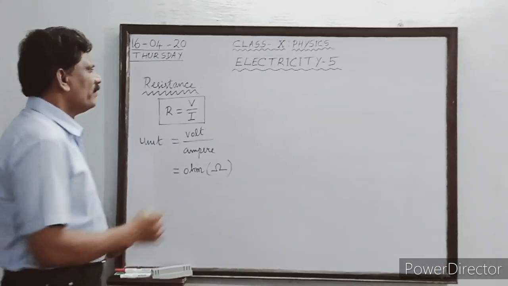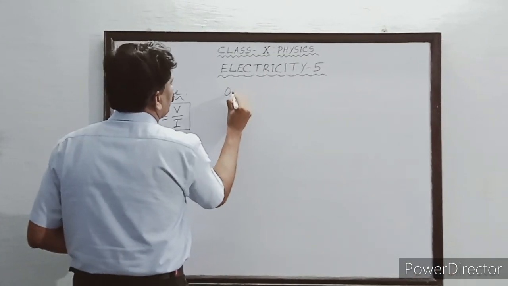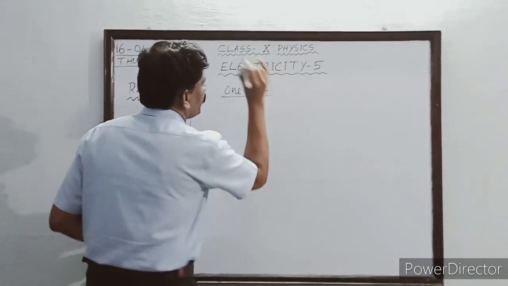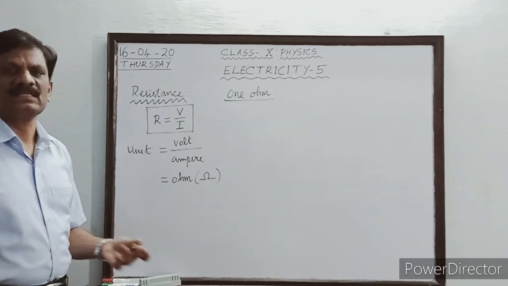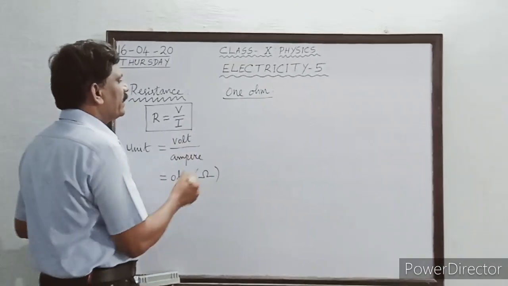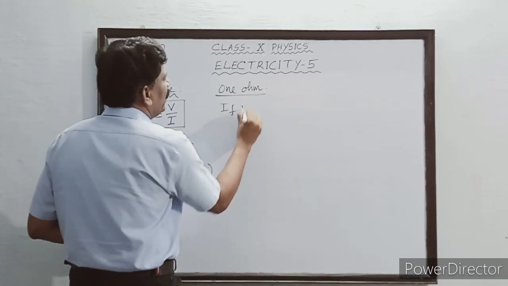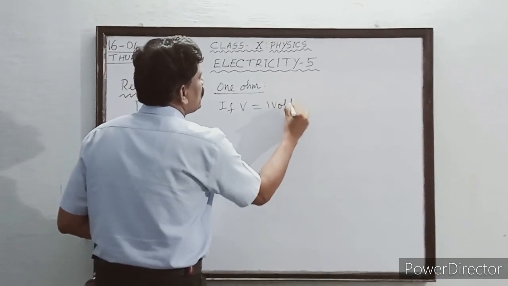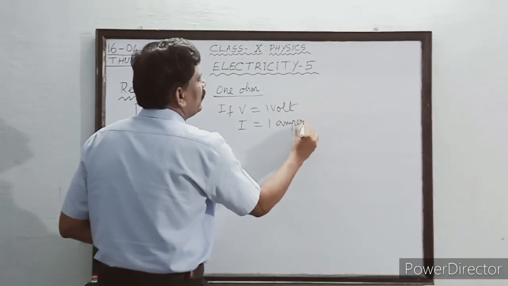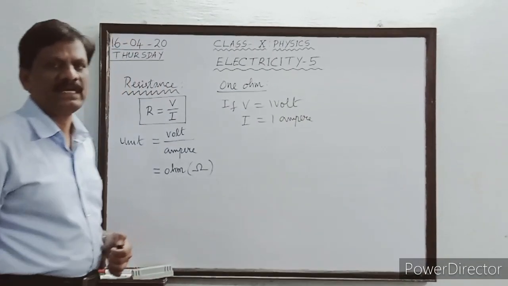Now we want to define 1 ohm. When is the resistance said to be 1 ohm? If V is equal to 1 volt and current I is equal to 1 ampere, in this case what will be the value of the electrical resistance?